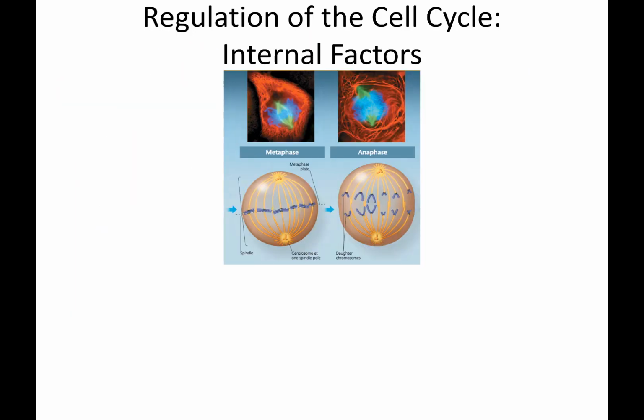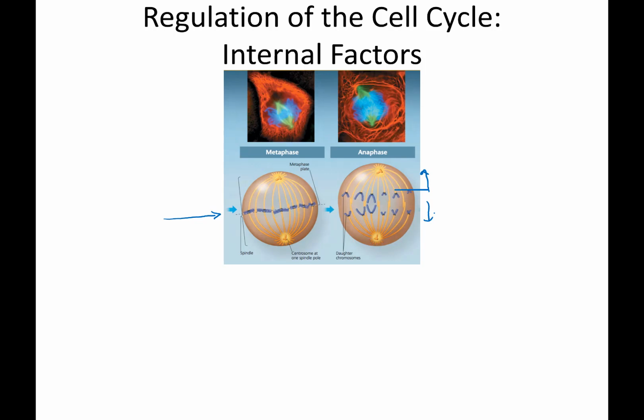And let's talk about some of the internal factors that regulate the cell cycle. One example that I want to bring up is anaphase. During anaphase, sister chromatids that lined up in the metaphase plane begin to separate into 2 opposite poles.